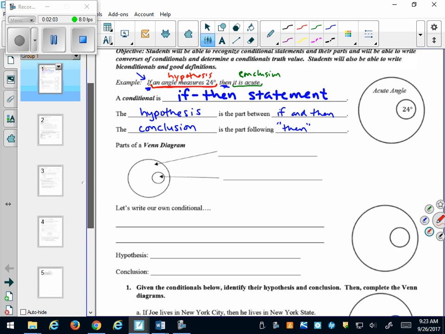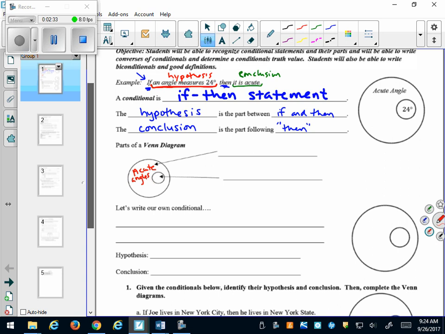So this is called a Venn diagram. When you have a Venn diagram, you can put the if-then into the Venn diagram. So in this example, if an angle measures 24 degrees, then it is acute. The acute angle part is the bigger category. There's lots of different angles that can be called acute.